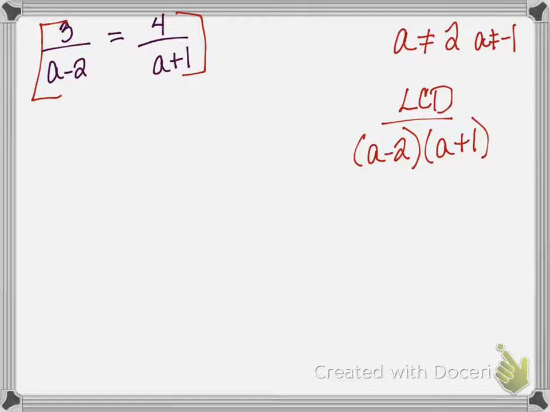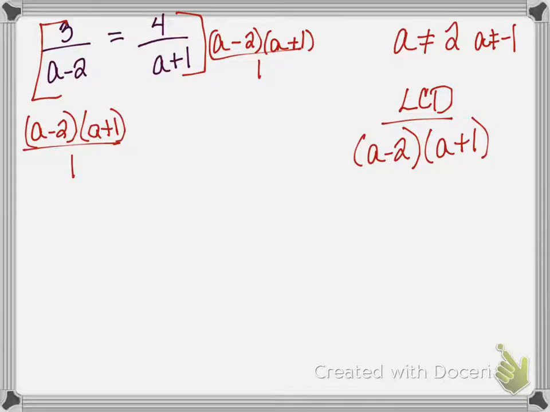Okay? So I have A minus 2 times A plus 1 over 1. That's what I'm multiplying everything by. So I have A minus 2 times A plus 1, all of that over 1.